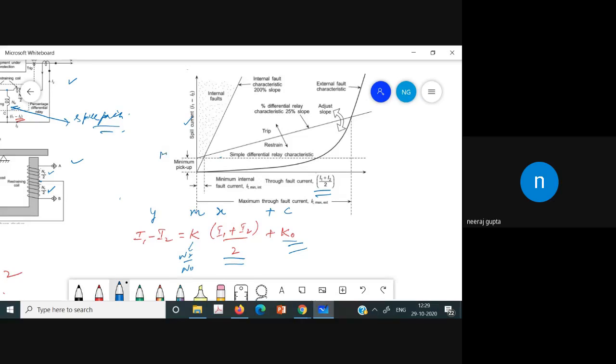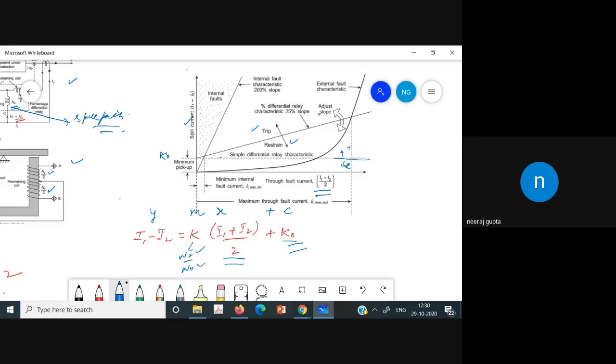In the simple differential relay, this was the line, with the trip region and the restraint region. With the coming of the restraining coil, we have increased the slope. We can adjust the slope, and this is the trip region and this is the restraint region.